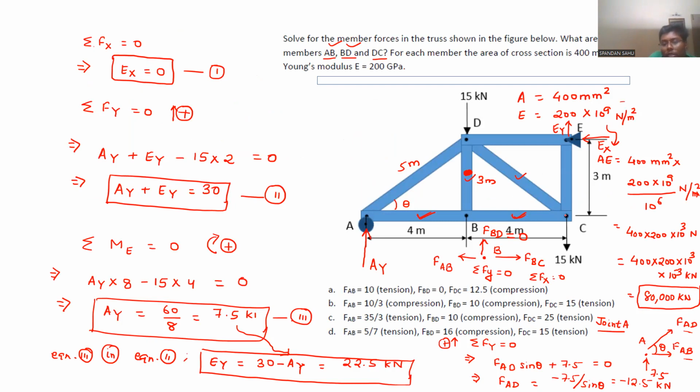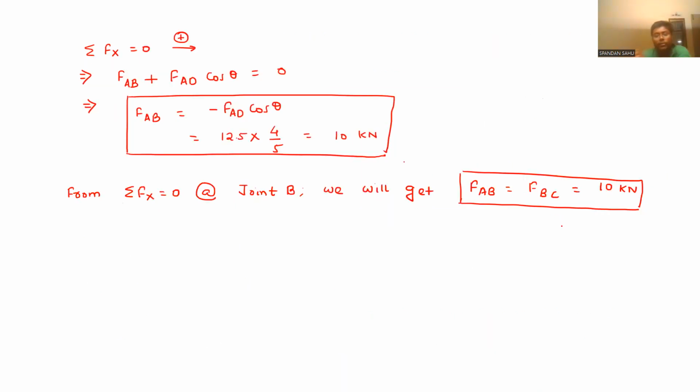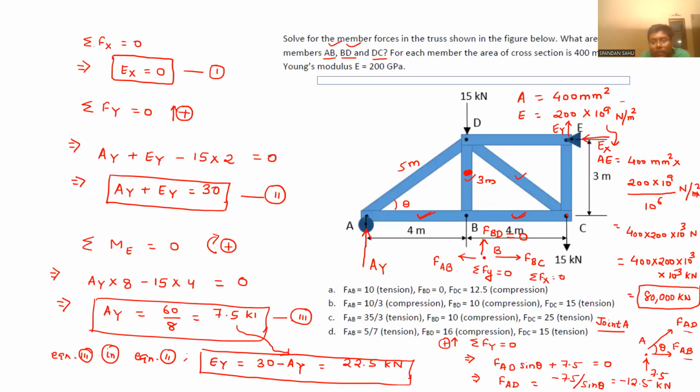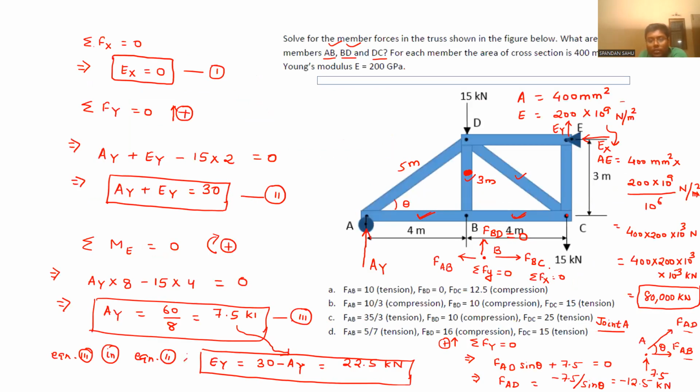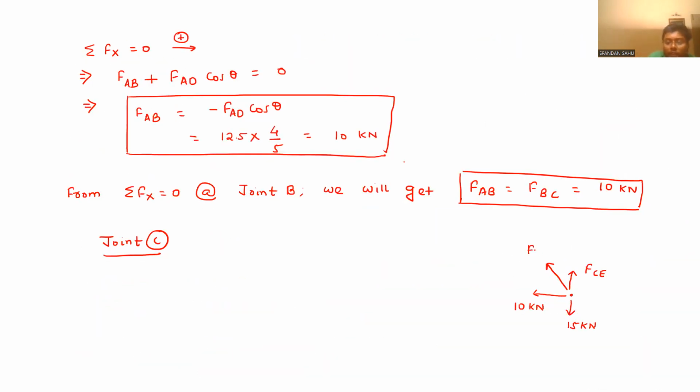Now we can go to this joint C. Let us draw the FBD for joint C. FBC will act like this. This is 10 kilonewton. Here 15 kilonewton load is there. Here one member force will come, that is FCE, and one inclined member is also there, which is FCD or FDC.